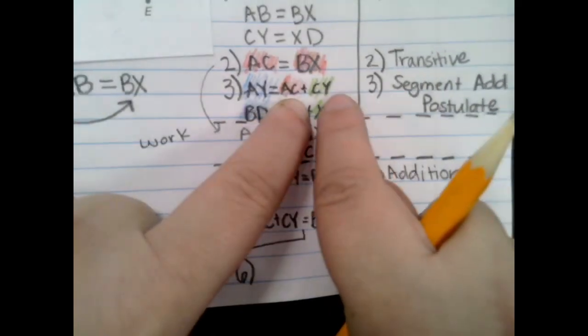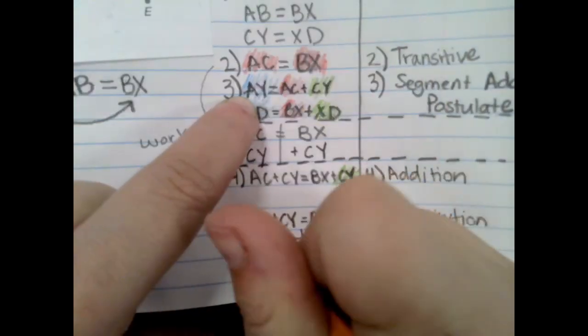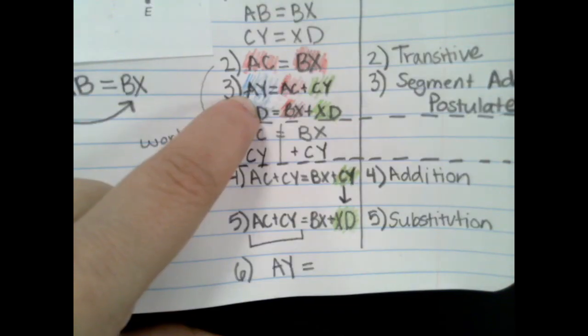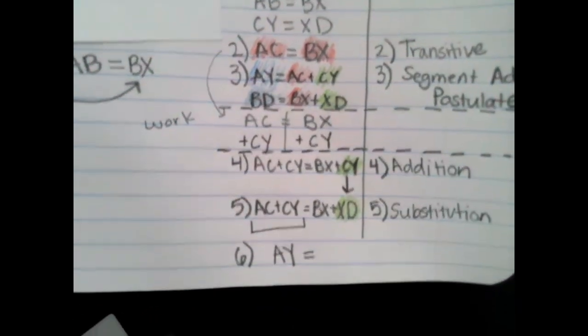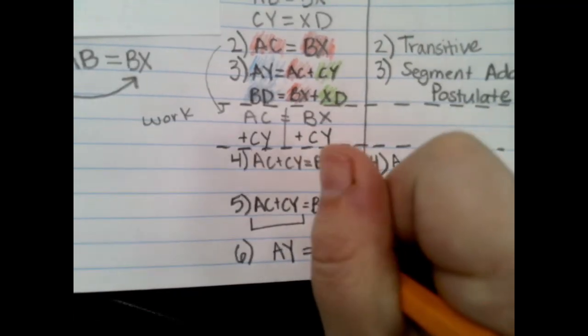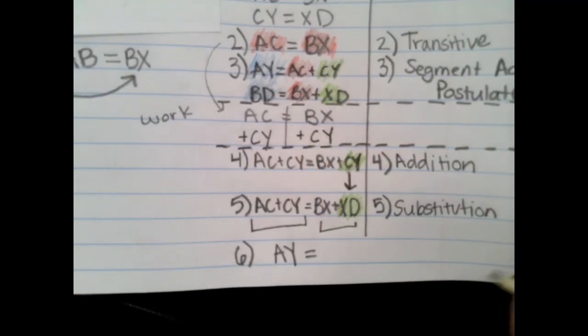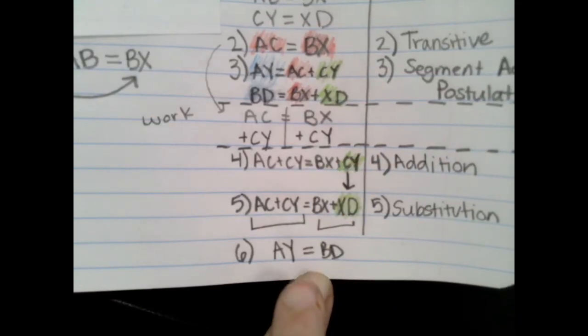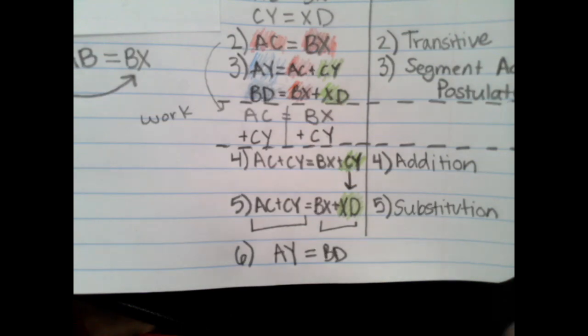We said AC and CY is really equal to AY. And now, what's BX and XD really together? BD. And that's what we were trying to prove, that AY is the same as BD.